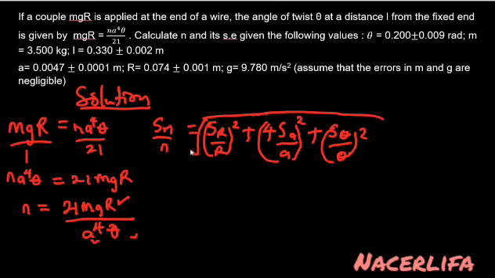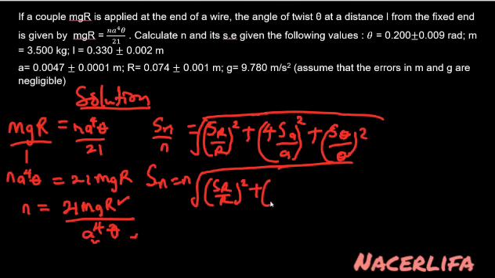So this is how to find the standard error in N. So we have that standard error in N equals N, then we replace this, square, plus 4 standard error in A upon A, we square it, plus standard error in theta upon theta, we square it. In this case now, we need to find N.